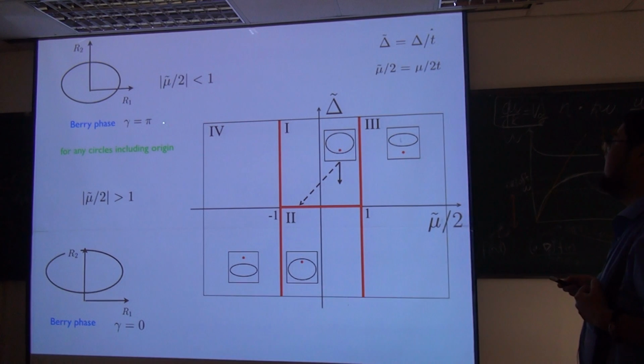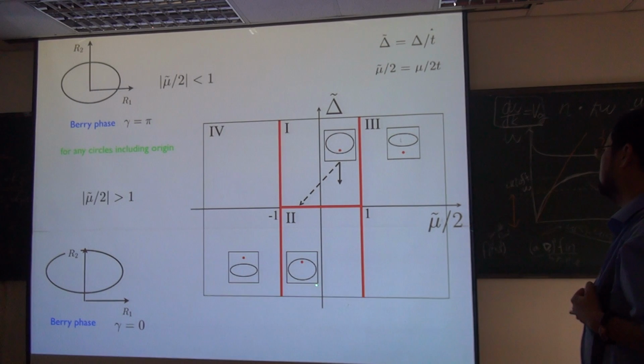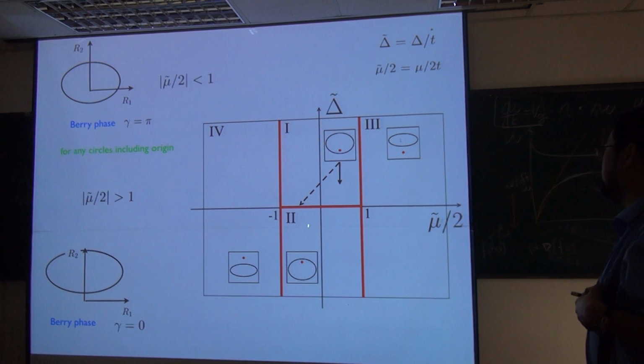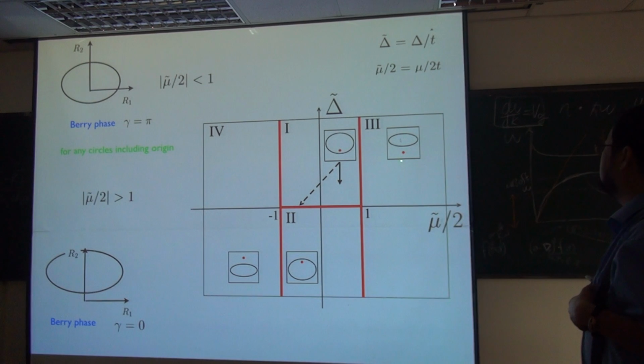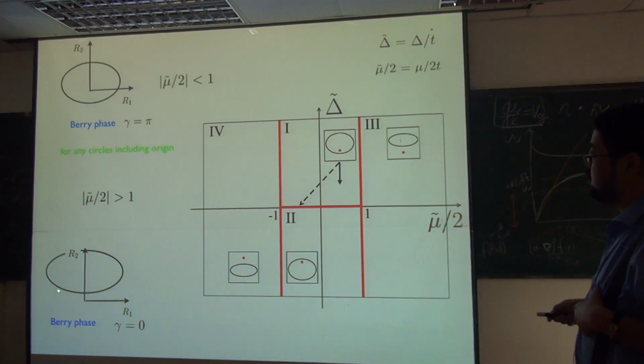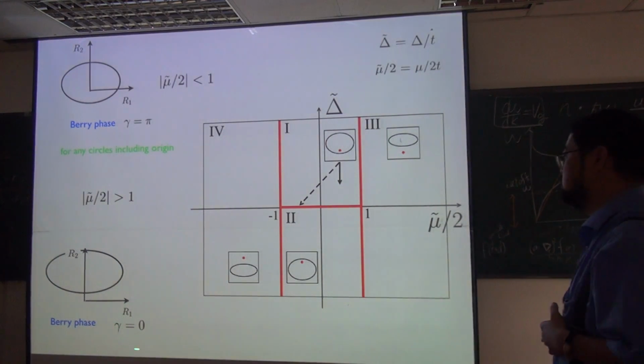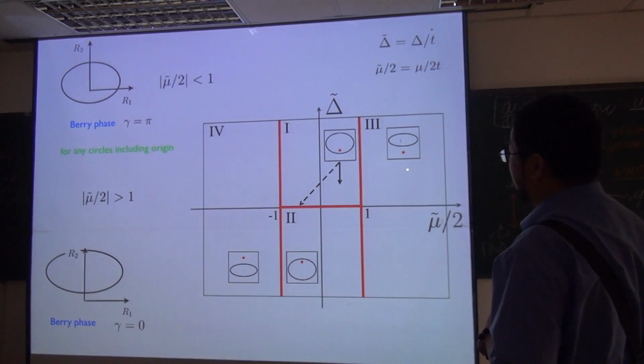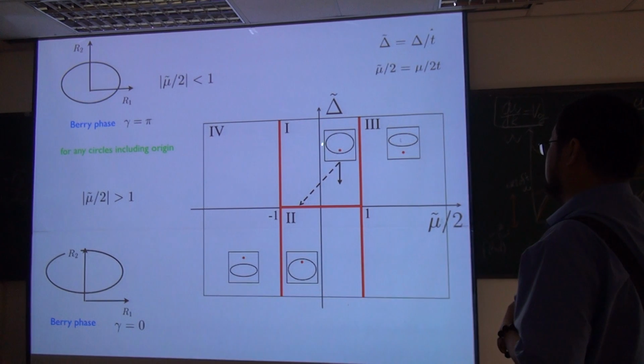Then you either encircle the origin in the counterclockwise way or in the clockwise way, and that is the difference between 1 and 2. Both of them are topological, but they are separated by a phase boundary, so these two are different phases. For phase 3 and phase 4, you won't encircle the origin, and you get a Berry phase equal to 0. So these 2 are not topological, and these 2 are topological but different.